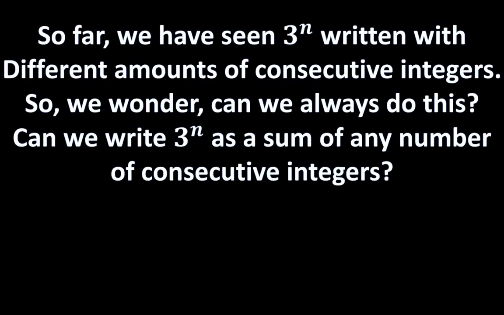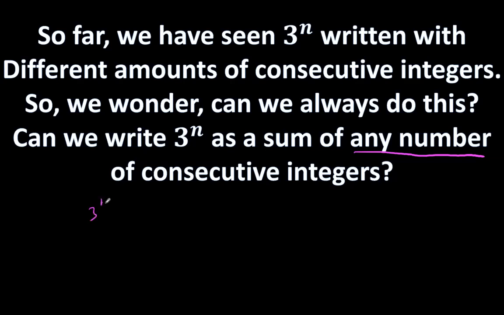So far, we've seen 3 to the n written with different amounts of consecutive integers. In other words, different length sequences of consecutive integers being added together. So can we write 3 to the n as a sum of any number of consecutive integers? In other words, can we have any length we want?